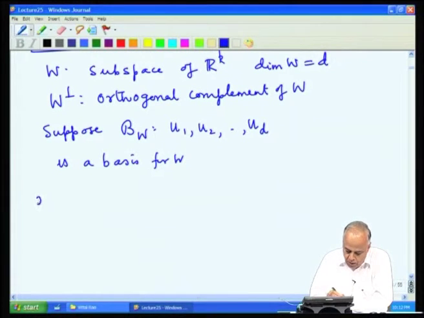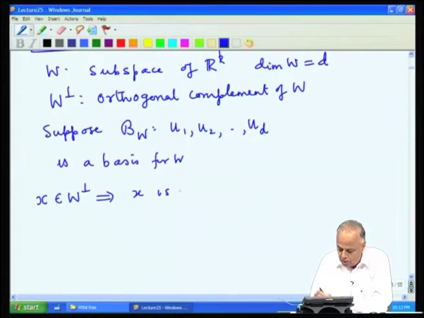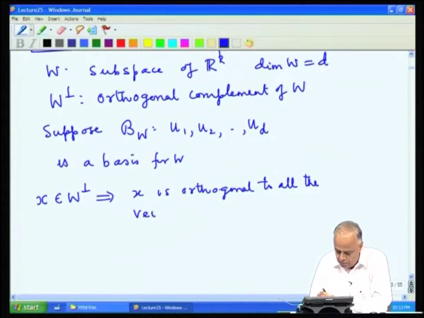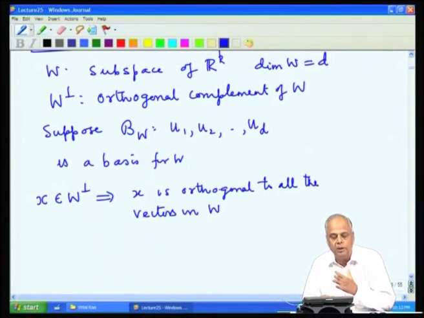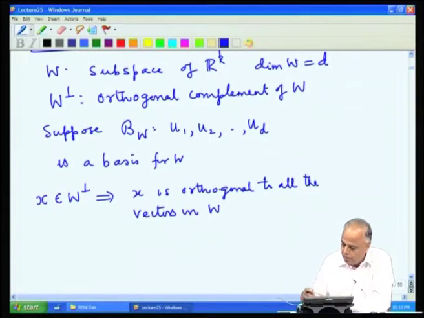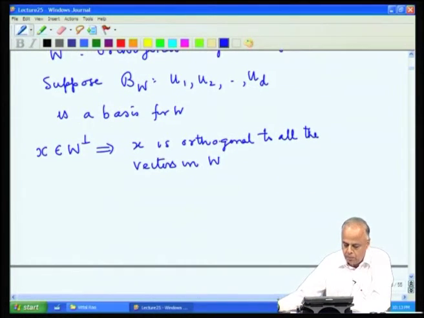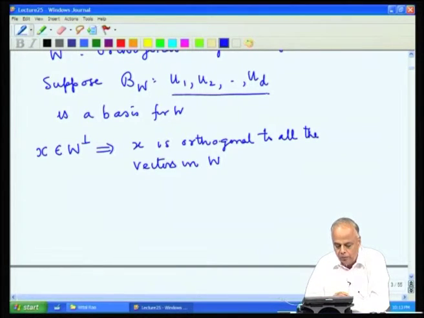Now, suppose I have a vector x in W perp. This means x is orthogonal to all the vectors in W. That is the definition of W perp: the collection of all those vectors which are orthogonal to all the vectors in W. The basis vectors u 1, u 2, ..., u d are all in W, and therefore x must be orthogonal to these vectors.